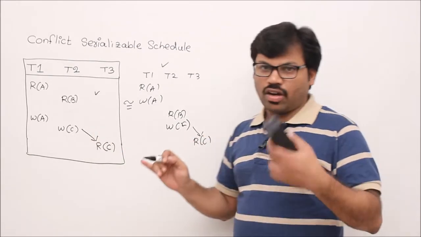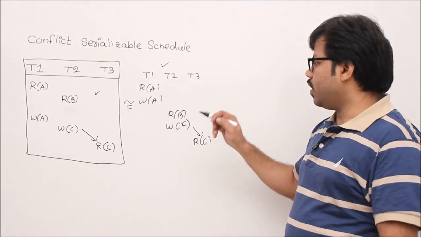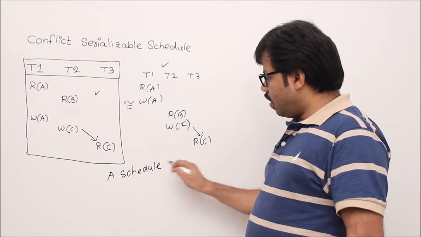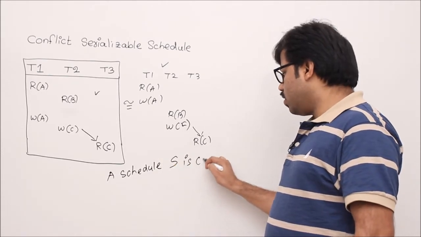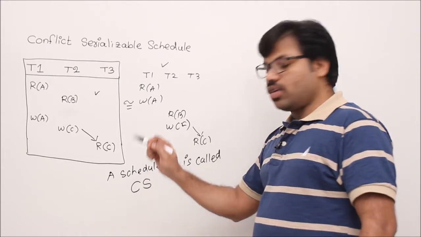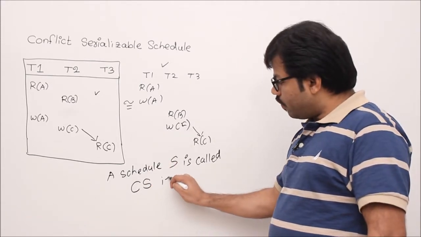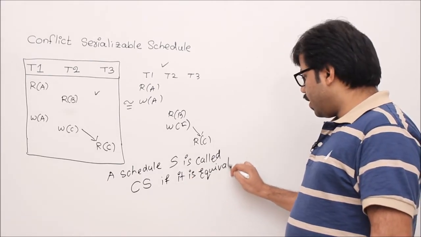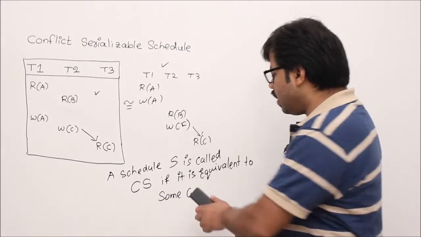Now let me formally write the definition of conflict serializability. Whatever I learned, I am writing it. A schedule is called conflict serializable, I write the shortcut CS, if it is equivalent to some serial schedule.